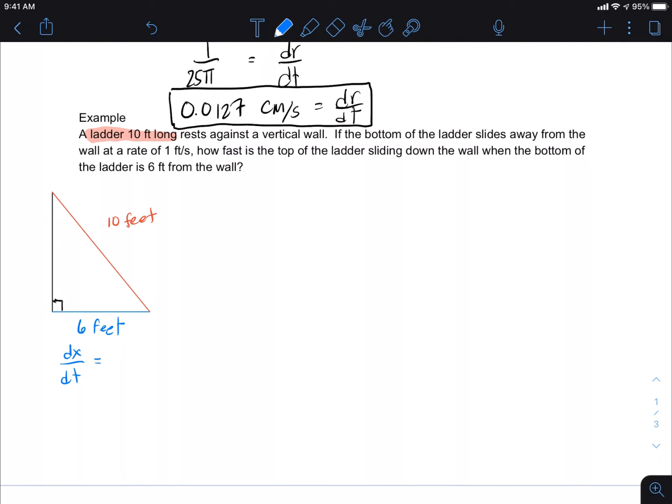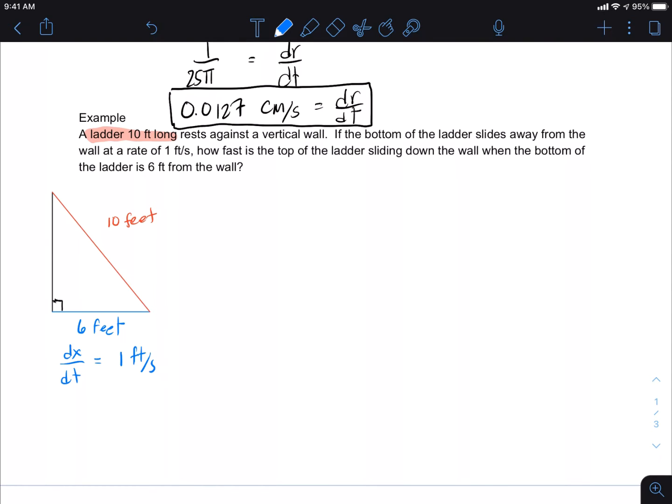We know that dx/dt is going to be 1 foot per second, because that's the rate at which the bottom of the ladder is sliding away from the wall. So it's growing in distance, not shrinking in distance. Does that make sense? So it should be a positive growth away.